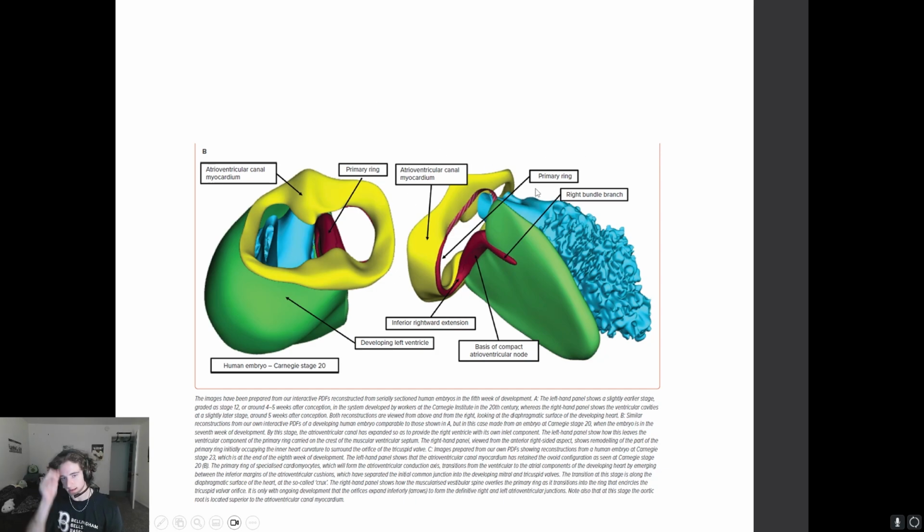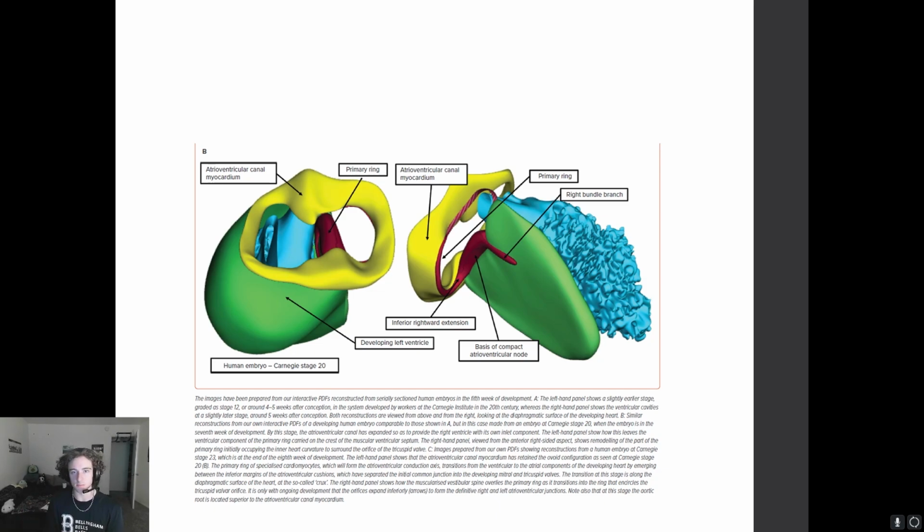Okay, so although the canal gets sequestered, the cardiomyocytes that make up the vestibule are derivative of that atrioventricular canal myocardium, and they overlay the primary ring myocytes, and that's significant because this is just the vestibule.